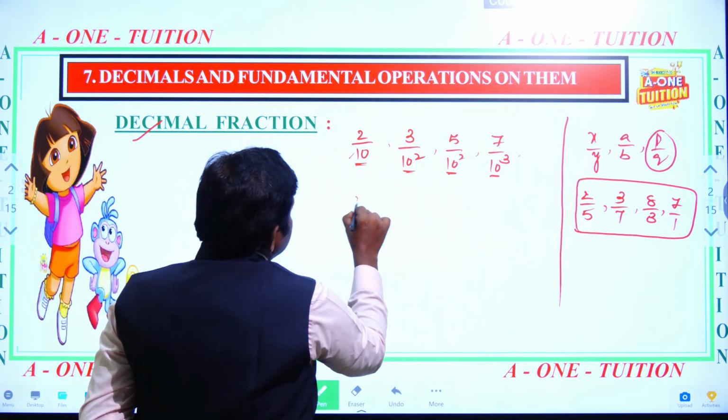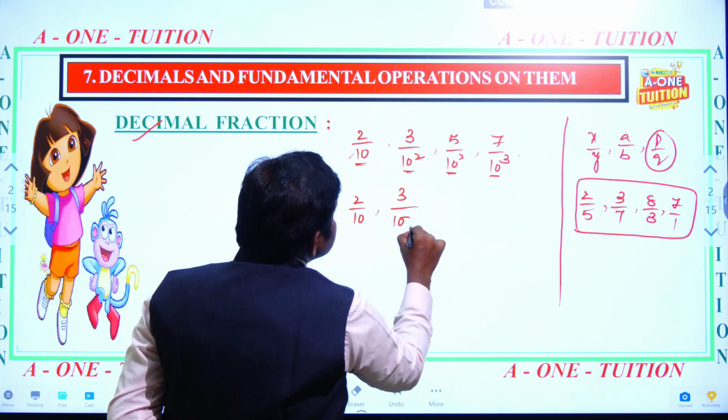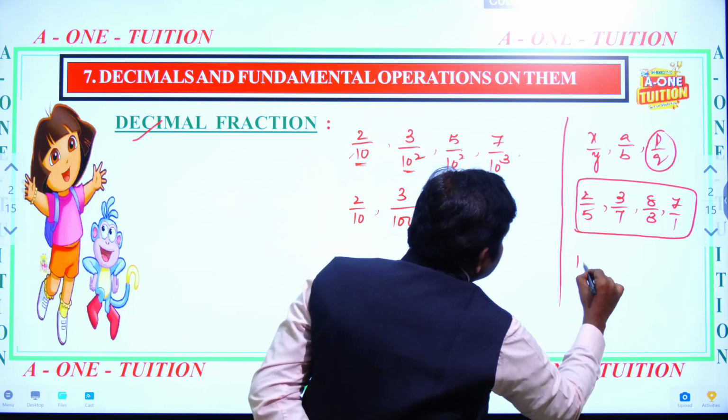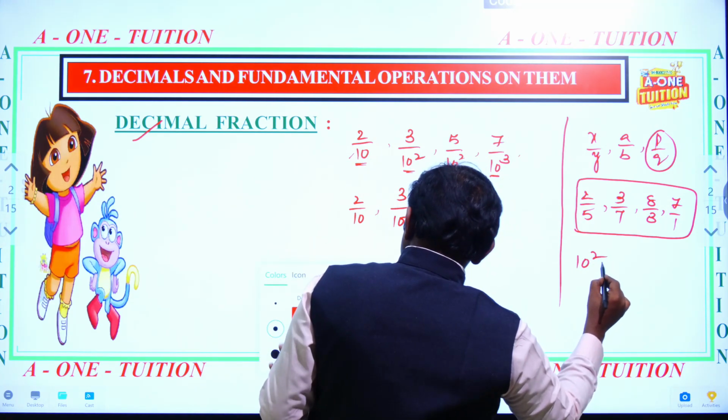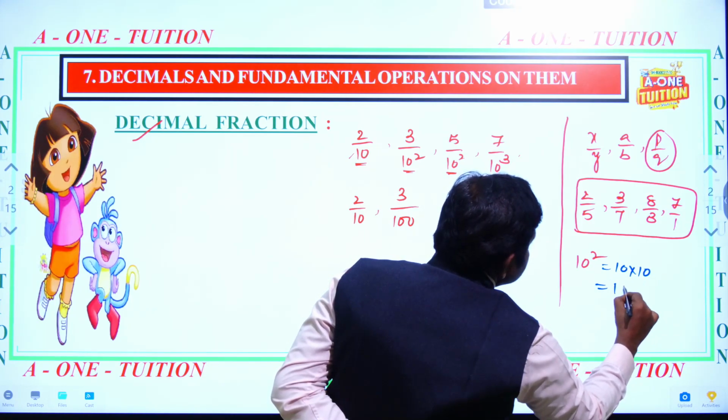So 2 by 10. Then 3 by 10 square, where 10 square means 10 into 10, which equals 100.